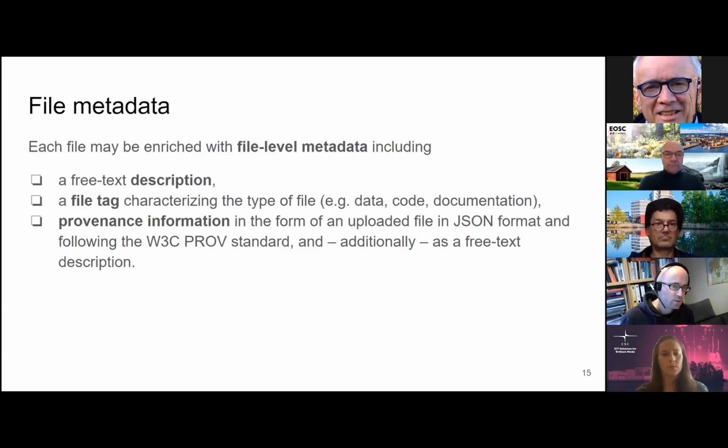Each file may be enriched with file level metadata, including description, a file tag characterizing the type of file, for instance, if it's containing data, code, or documentation, and also provenance information, which can be uploaded in JSON format and following the W3C PROV standard, and additionally also as free text description. Currently, we don't have any files using this provenance information in this format.